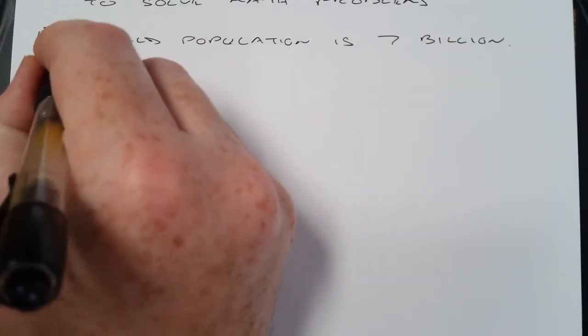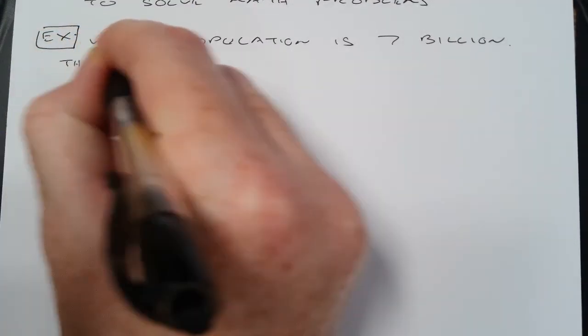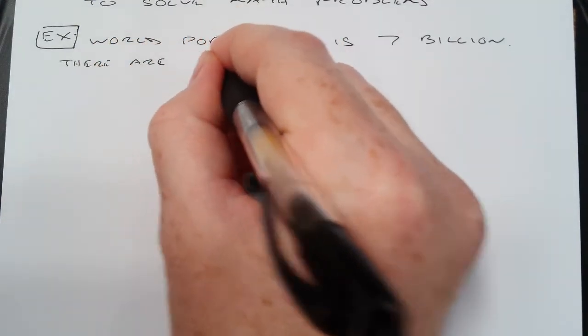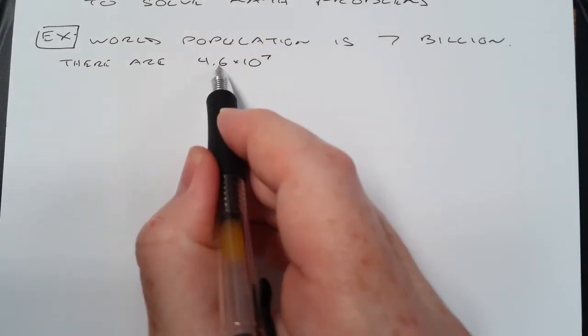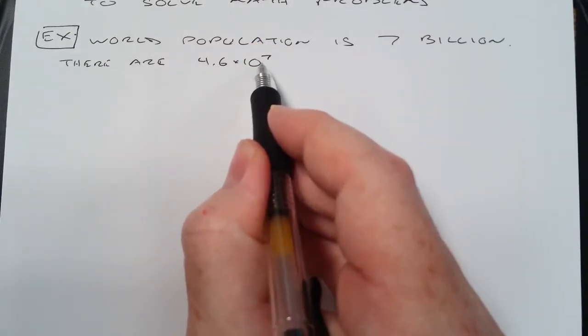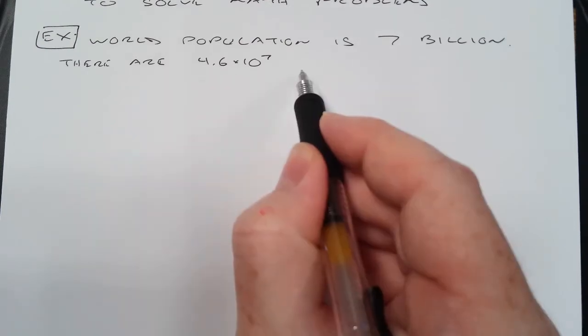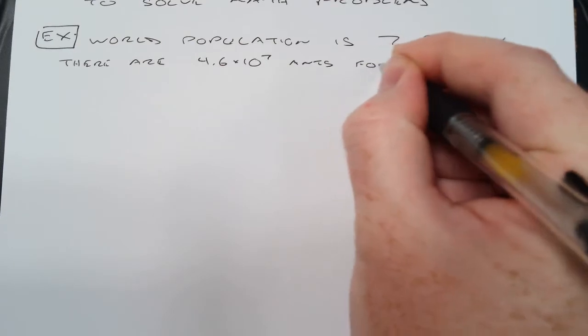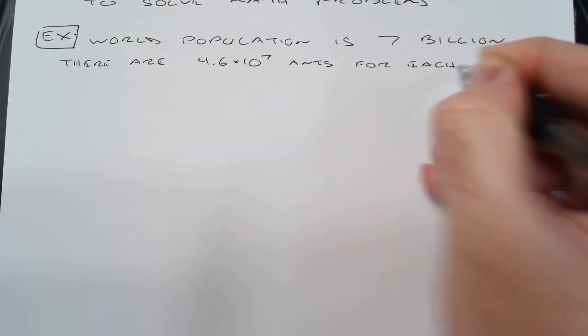And another fact is that there are about 4.6 times 10 to the 7th. It's 4.6 times with 7 place values, moving the decimal 7 place values. Ants for each human.